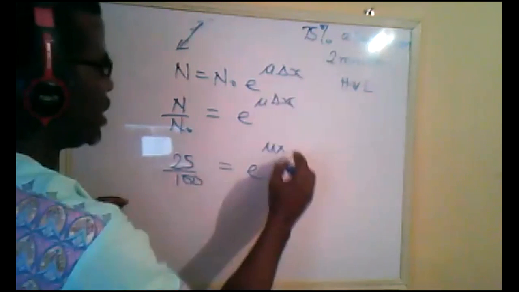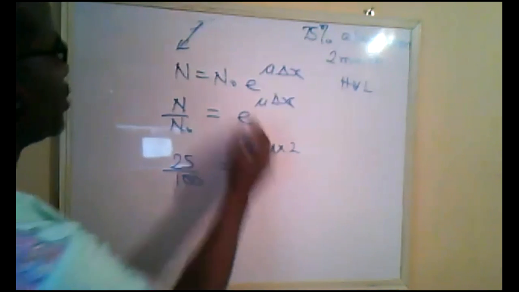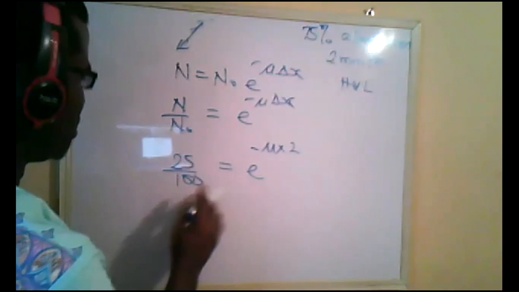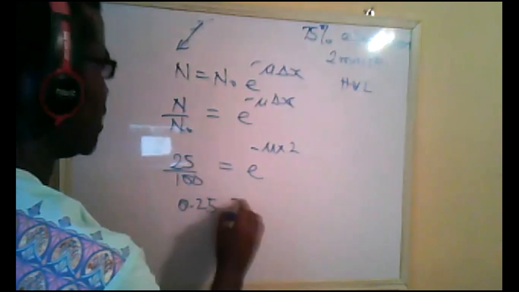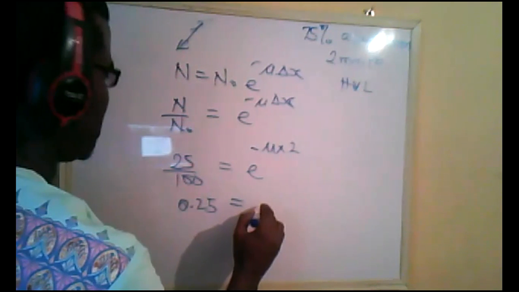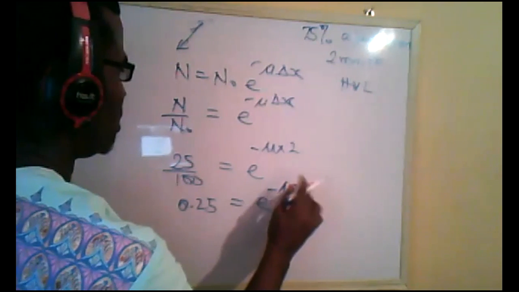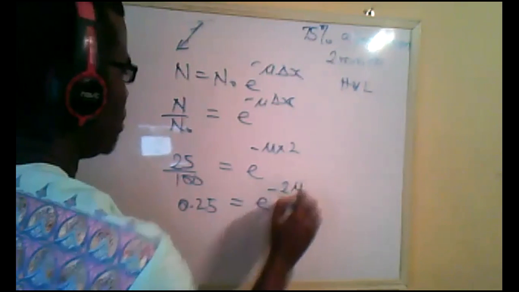Our x is now 2 millimeters. So we have 1 over 4. Okay, 0.25 will now be e to the power of minus mu times 2, so e to the minus 2 mu.